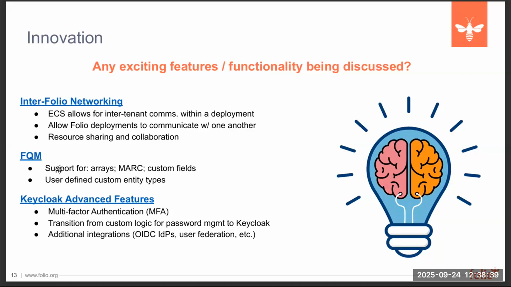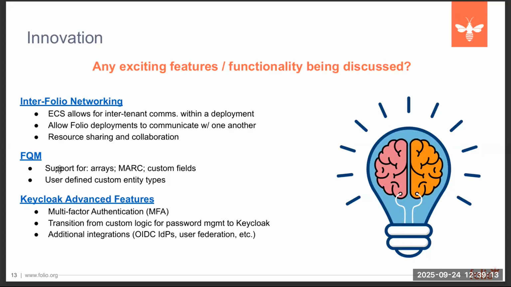The first one that is coming to a head right now is interfolio networking. As you know, we've introduced ECS previously, which allows us to interact between tenants that are in the same deployment of Folio, the same installation. This allows us to meet the needs of consortia and even, outside of a consortia, a collaborative relationship between libraries, which might be in different tenants, but hosted in the same environment.